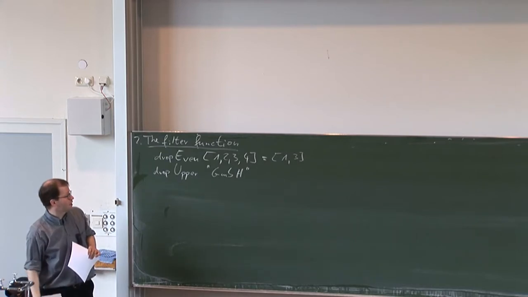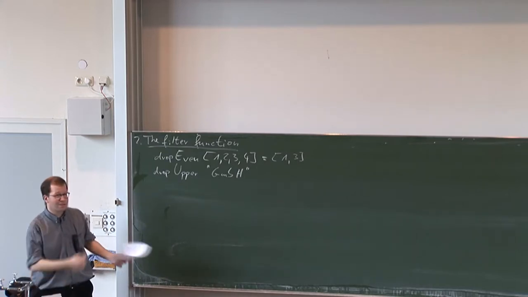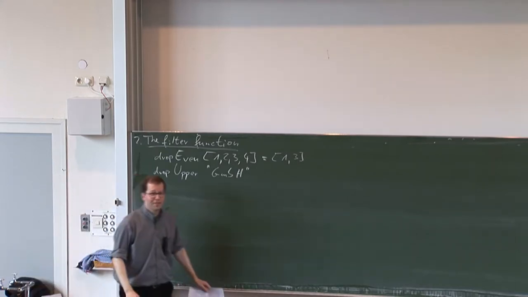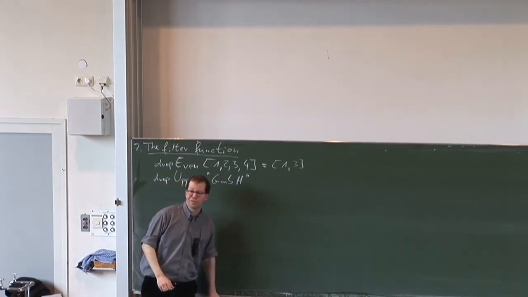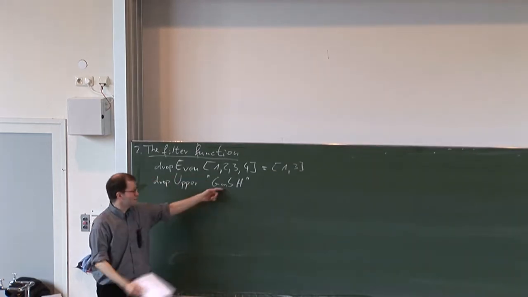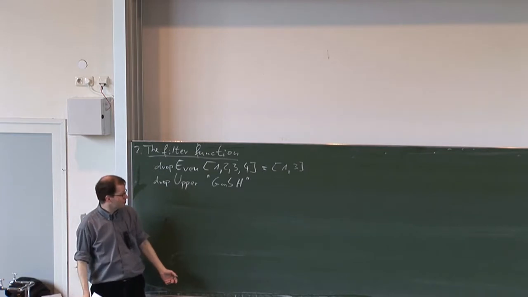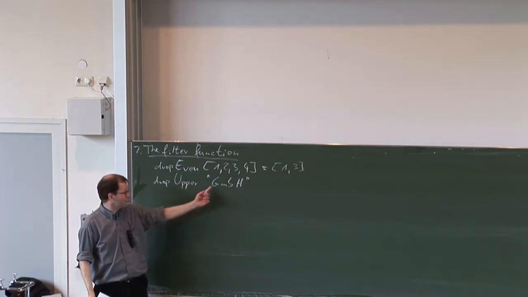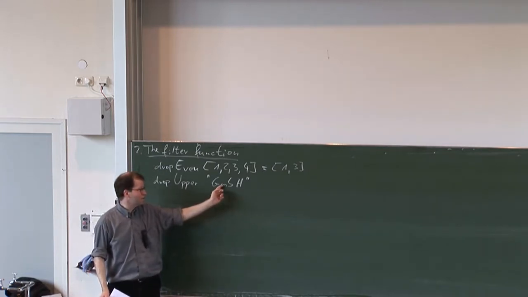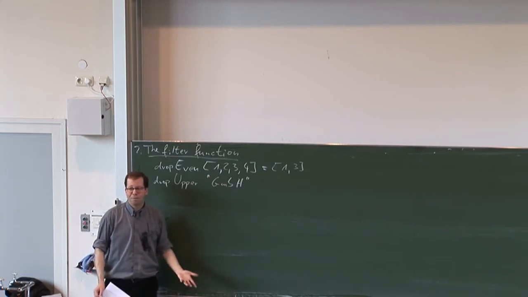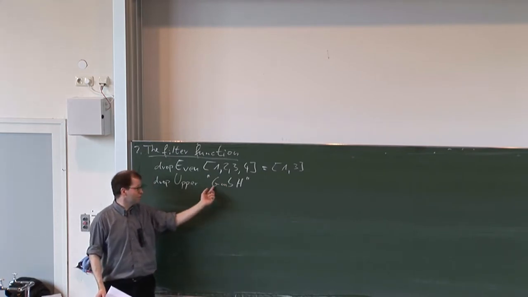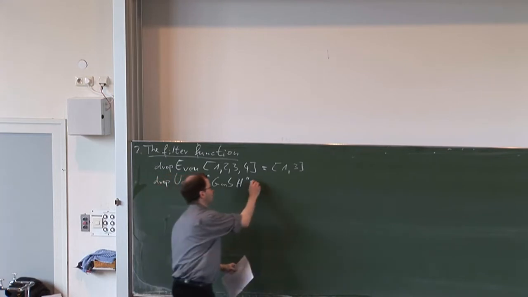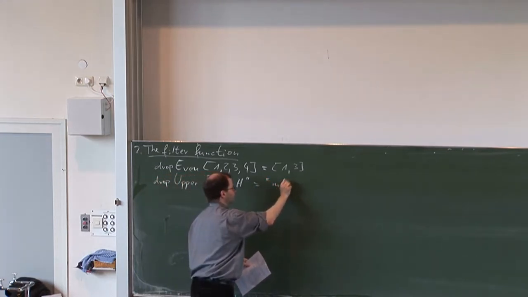This is, in English you would call this limited. So this is a way to organize companies, and they have limited responsibility for this. Anyway, if you don't understand what this means, then just see it as a string. Now in this string, there are two uppercase symbols, G and H, and two lowercase symbols, M and B. And drop upper removes the uppercase symbols, so it removes G and H. And so the outcome will be the list with these two characters.